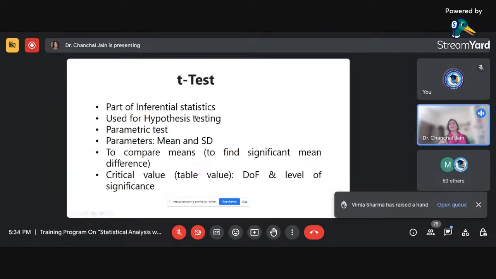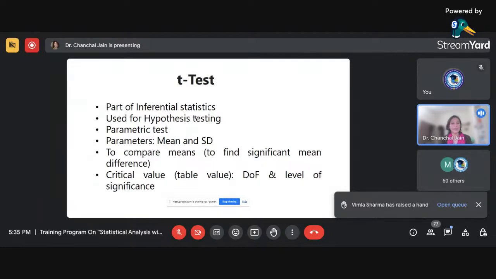The t-test is part of the second category of statistics, that is inferential statistics. I think you can recall that yesterday I said we can divide statistics into 2 categories, descriptive statistics and inferential statistics.